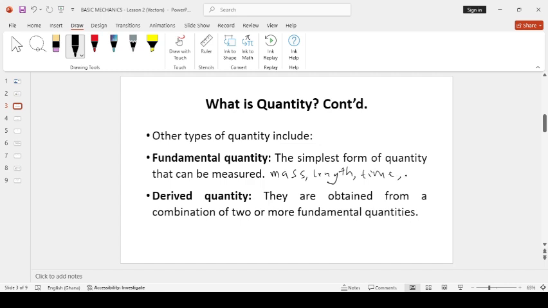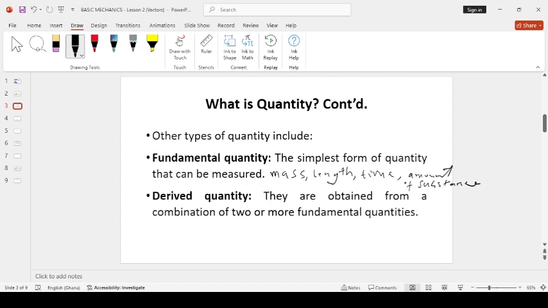Also, we have amount of substance, luminous intensity, and current. So those are some examples of the simplest form of quantity that we have.